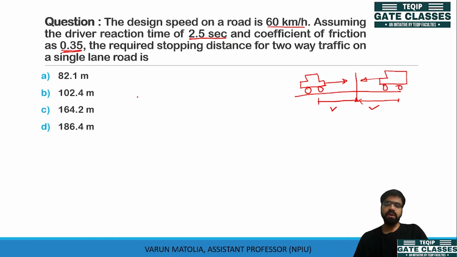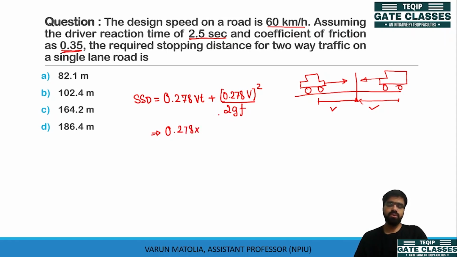Okay, let us calculate SSD for one vehicle, then we will double it. We know that the formula for kilometers per hour we can directly write as this. We can put in the values as most of the values are given. The g value we need to assume.